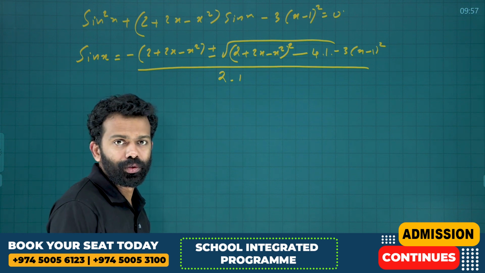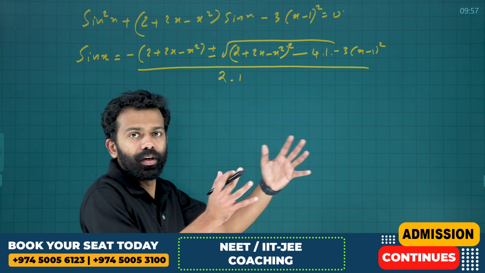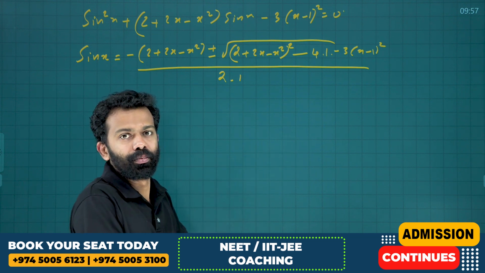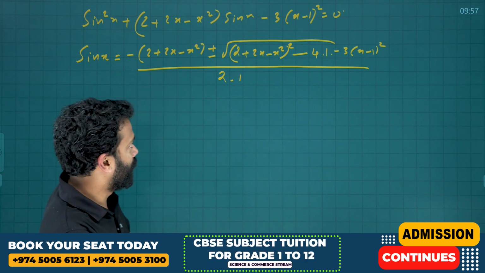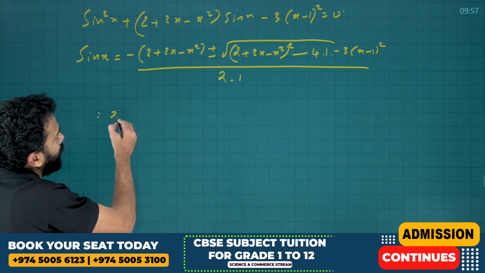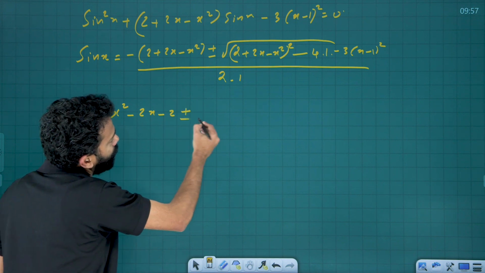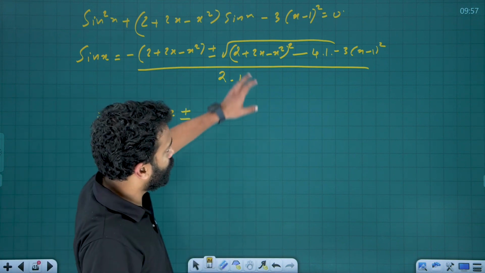And how are you going to solve for this one? See, if you open it, you will get a big number. And how are you going to solve that big number? It's quite easy actually. See, I'm rewriting this part as, after applying the negative sign, x square minus 2x minus 2, plus or minus. And what will you do for this one?